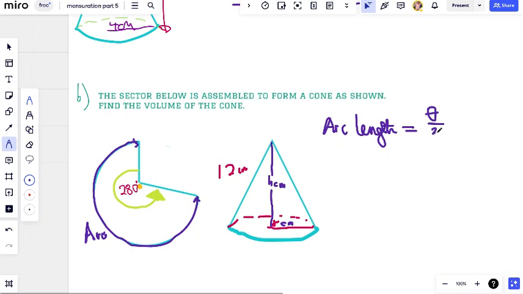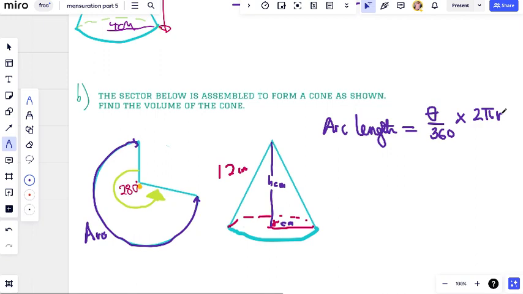Remember, we've done this in part 3. Theta over 360 times 2 pi r. Not pi r squared, we are not doing the area of the sector. We are doing the length, times 2 pi r. So that's what we're going to use.